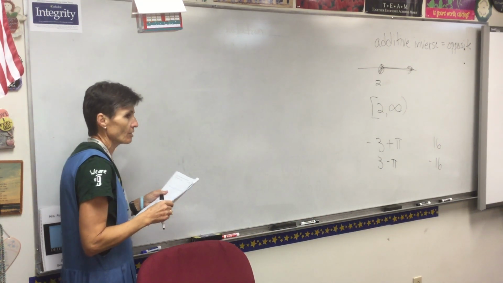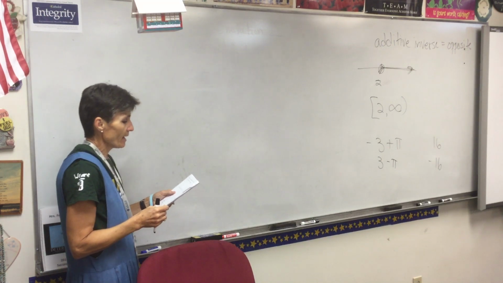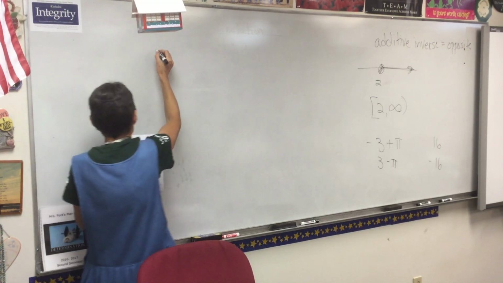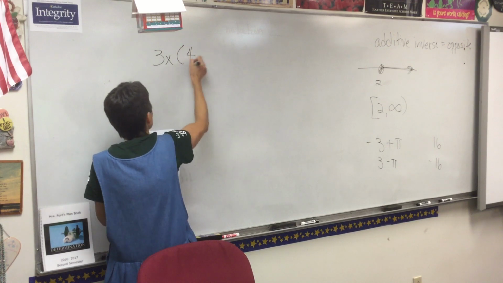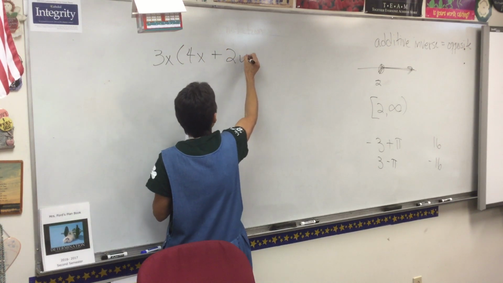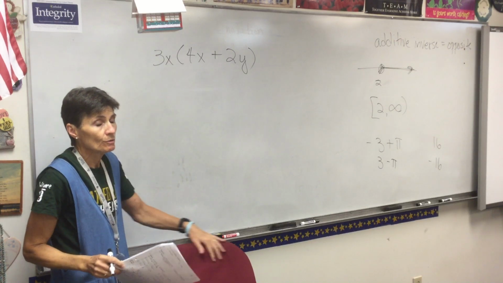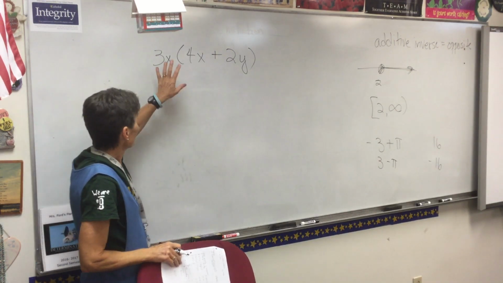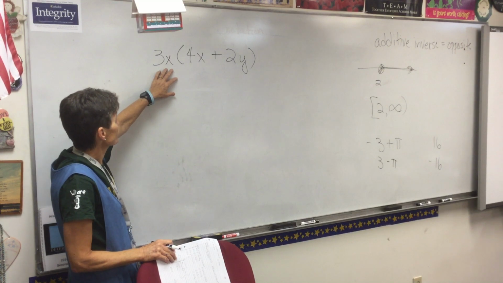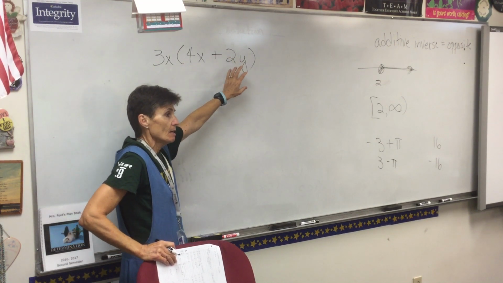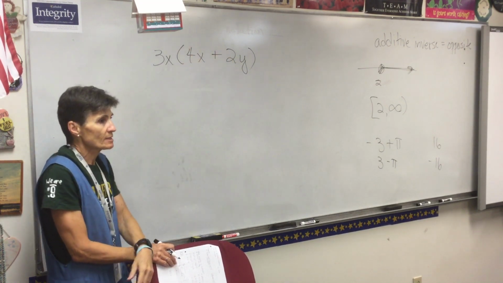Speaking of not hard stuff, we have the distributive property. Now, we know what that means. When we distribute, we take whatever's outside the parentheses and times it by everything that's inside the parentheses.